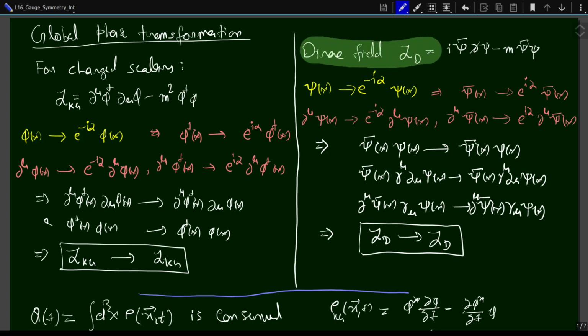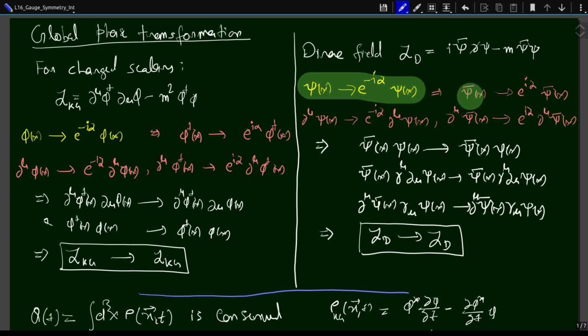Now for the Dirac field also, you have psi bar and psi appearing together in each term, so here also we expect similar cancellation. The transformation is psi of x goes to exponential I alpha times psi of x, and that would amount to psi bar, which is nothing but psi dagger multiplied by gamma 0 from the right hand side.